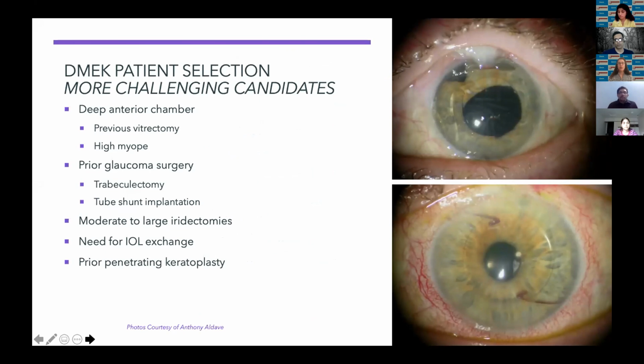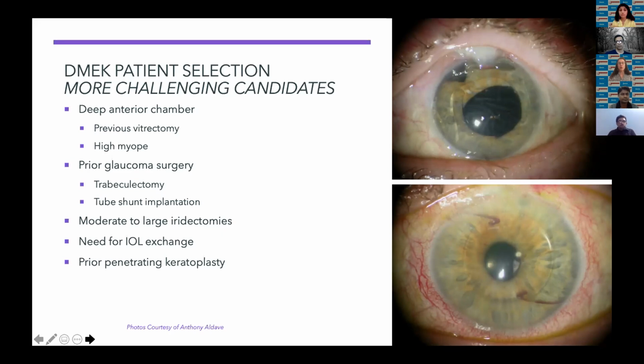More challenging patients, if you do have someone who has a deeper anterior chamber, because as was demonstrated, you really want to be sure that you can shallow the chamber. So if you have a larger, deeper anterior chamber, such as someone with a previous vitrectomy or a high myope, these are going to be more challenging for your first cases. Prior glaucoma surgery as well.